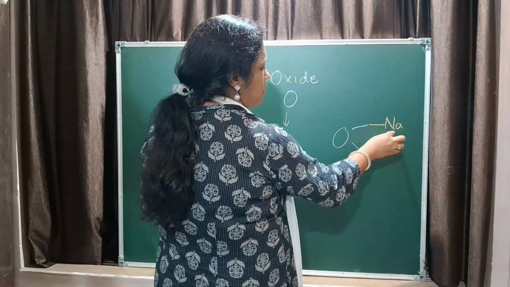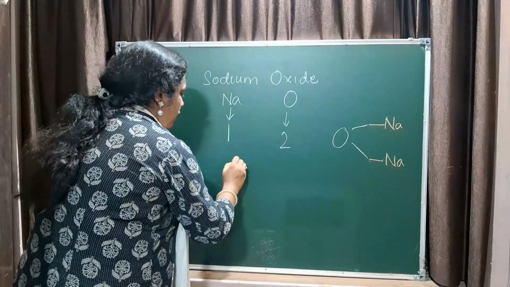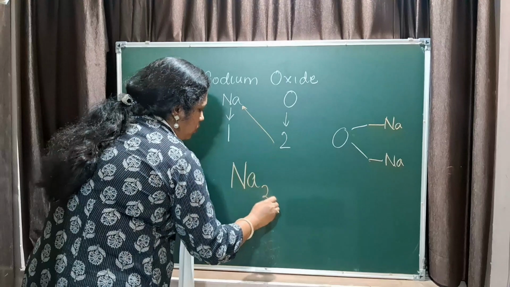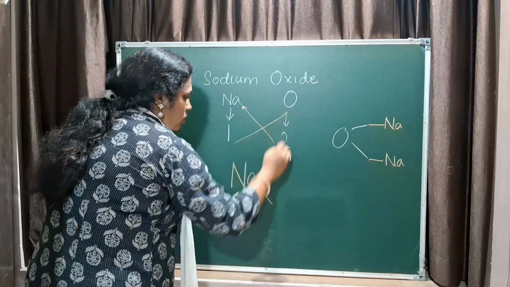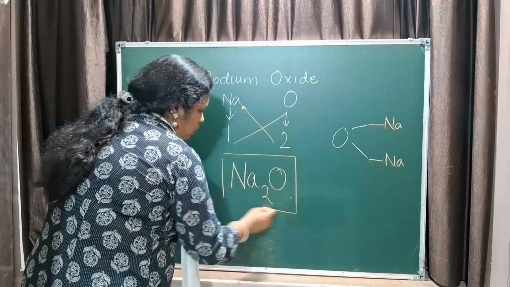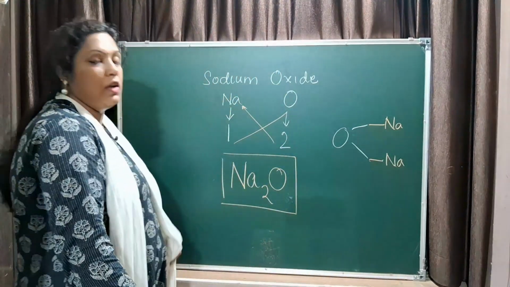So 1 arm of oxygen, 1 arm of sodium, similarly 1 more sodium. So you have got Na2O1. So 1 is not written, so you write Na2O. 2 atoms of sodium and 1 atom of oxygen.